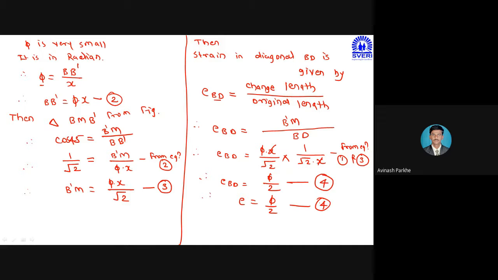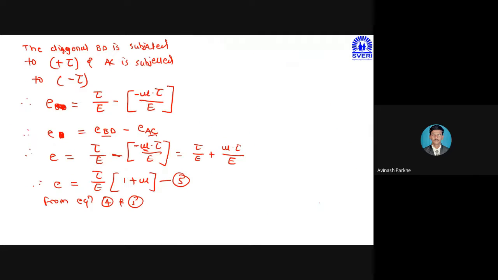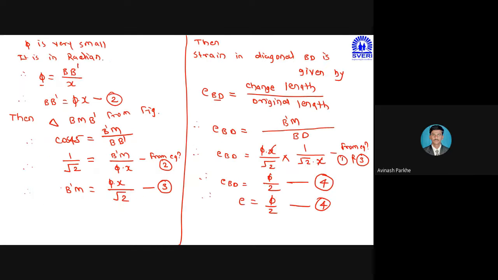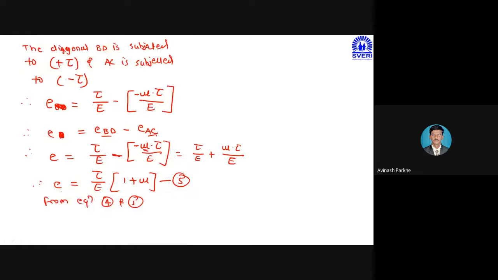It is also represented by small e, which we have calculated as the strain induced in diagonal BD, represented by phi by 2. Similarly, in equation number 5, the total strain induced in that particular section is again represented by small e. But from equation 4 and equation number 5, the left hand sides are equal. Here also e is present, here also e is present. If the left sides are equal, the right sides are also equal.